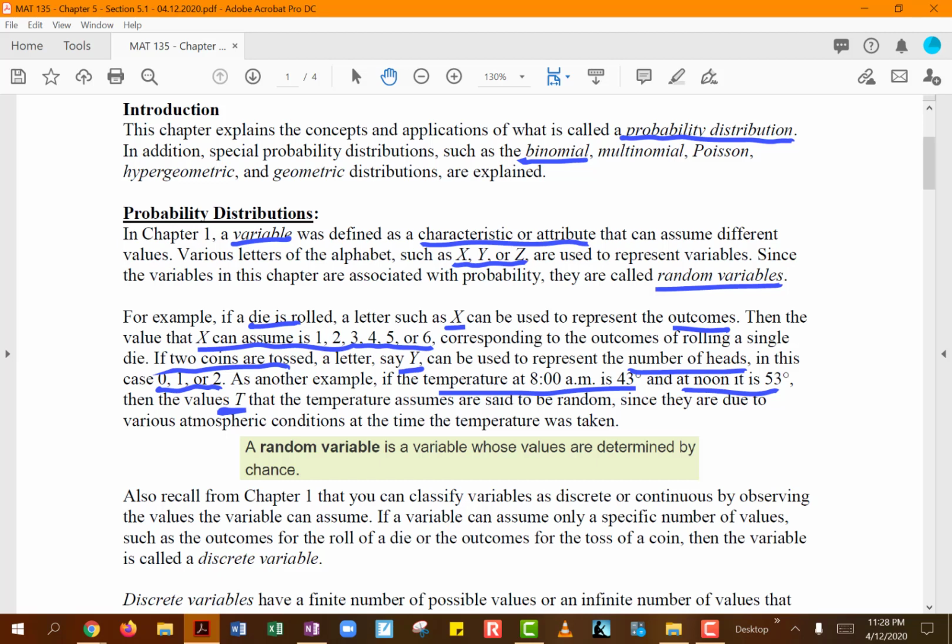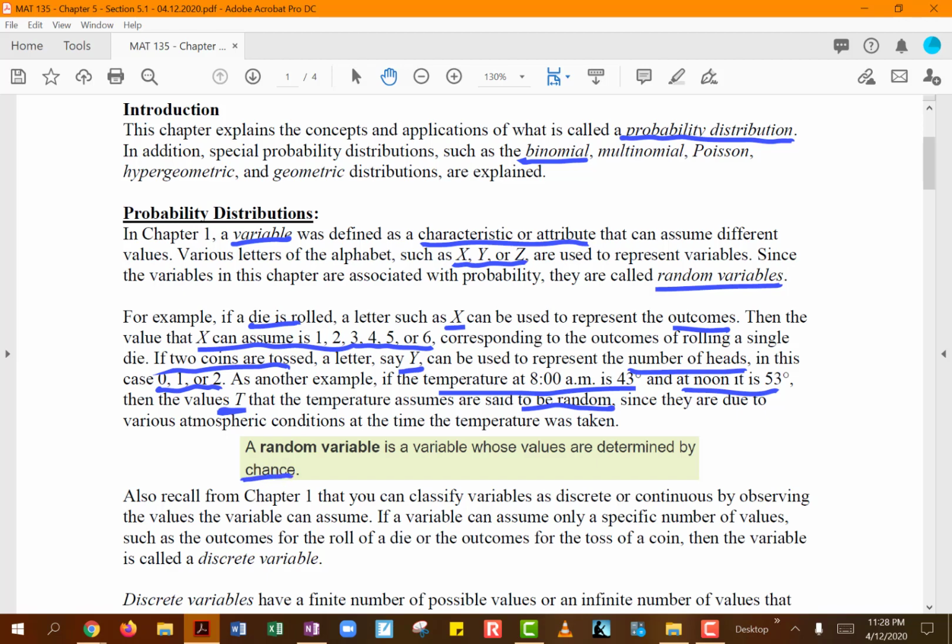In this case, we would say the variable T is going to assume random values, since obviously we have no control over that, right? It's going to be based on atmospheric conditions, and in that case, we would say it's a random variable.